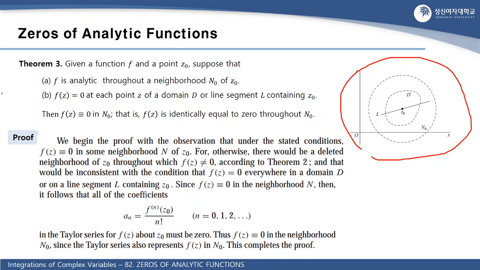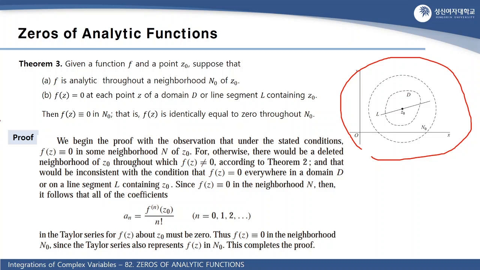Then we have this result: f(z) is equal to 0 in the neighborhood N₀, that is, f(z) is identically equal to 0 throughout the neighborhood N₀.